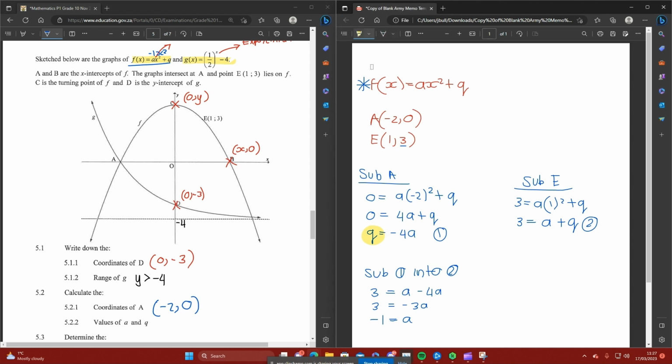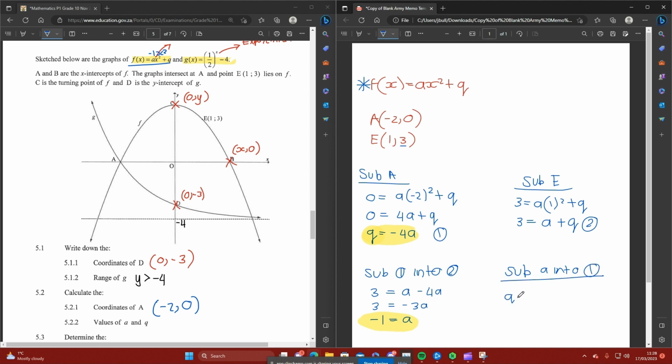Now all we need to do is find q. Let's keep a in the back of our mind. Now I would sub this a back into equation 1. So we say sub a into equation 1, just keeping track of it.